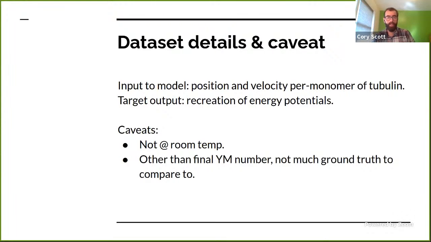Other than the final Young's modulus number, there isn't a lot of ground truth to compare to. There's not a lot of work on the dynamics of microtubules considered at this exact scale.